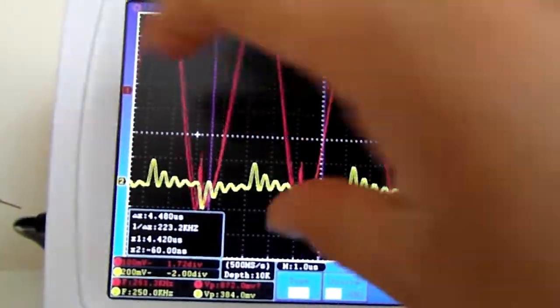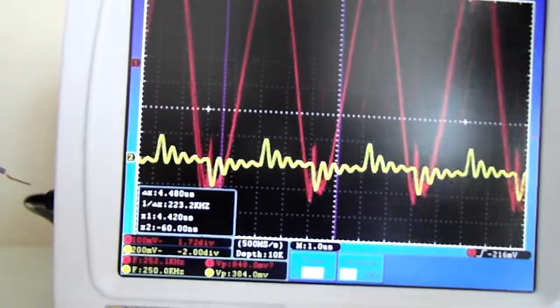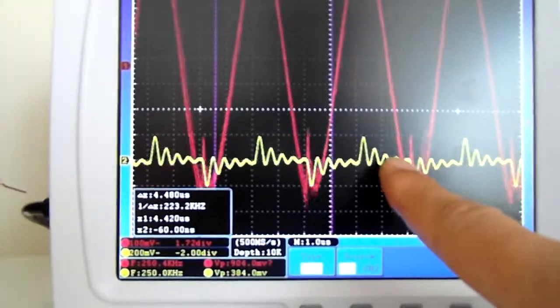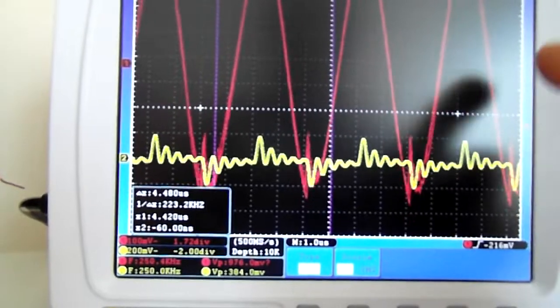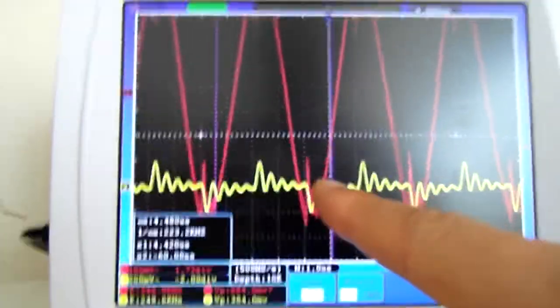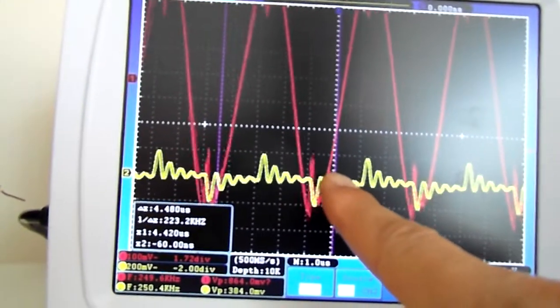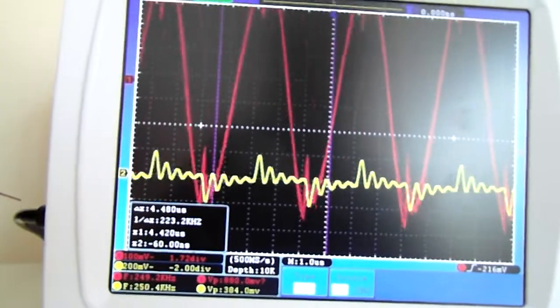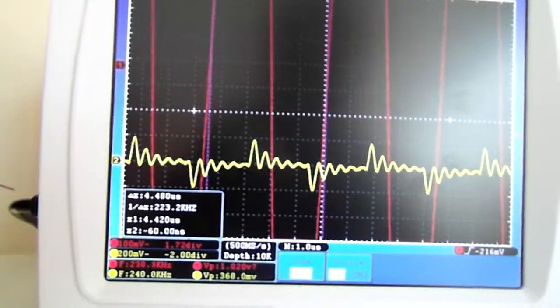And this is 250, which showed this ripple around here without consuming much current. By the way, the output is a 5 volt peak to peak square wave. Without consuming much current, the output is exploding.